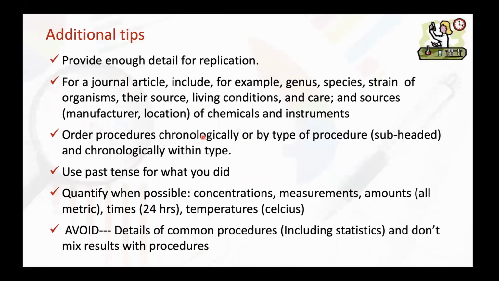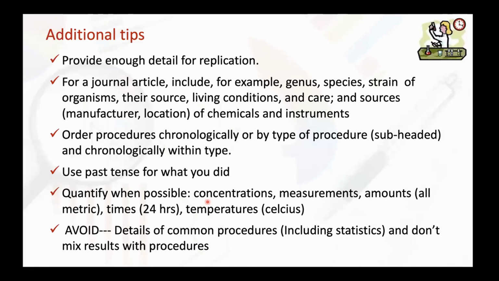Then remember, this is a section where you use the past tense, because this is the work which you have already done, the experiment you have done. Always use standardized measurements for quantities and concentrations. Some journals insist on metric units, a 24-hour time period, and temperature in degrees and units.